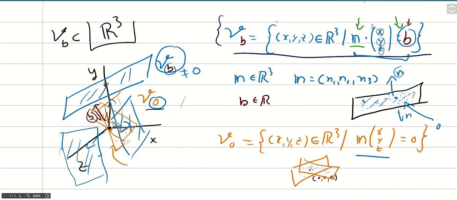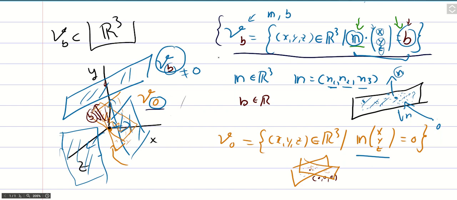That's just the geometric meaning. Algebra is always connected with geometry, so it's important to keep that in mind. You can think of n as a vector, the normal of this plane. You can represent it as n1, n2, n3, and each of these planes has a characteristic, fixed normal and a constant b that is related to the displacement.